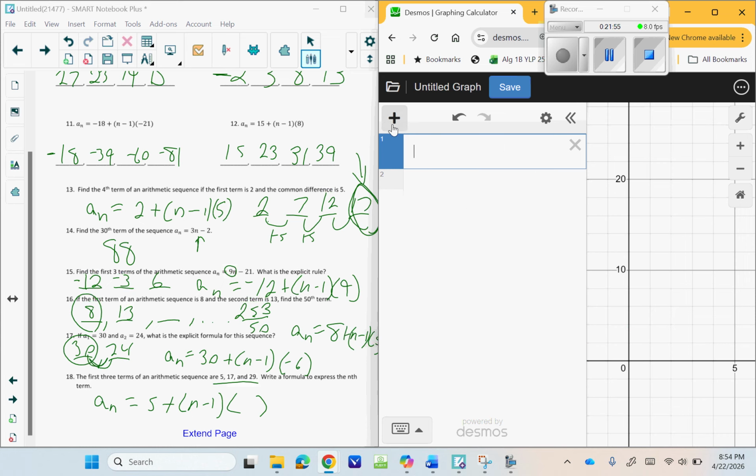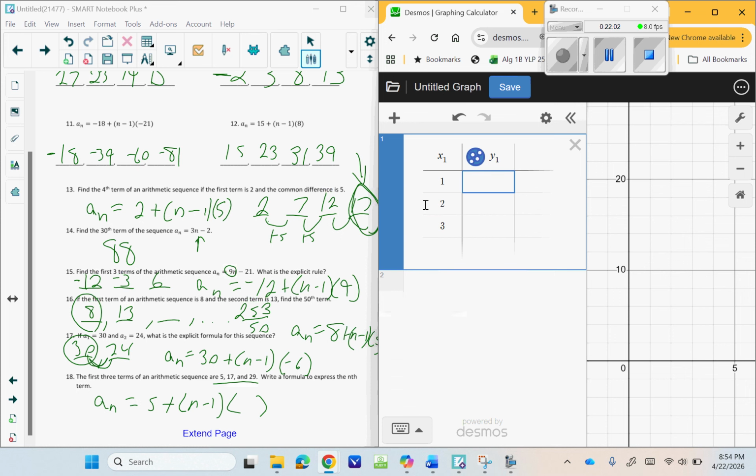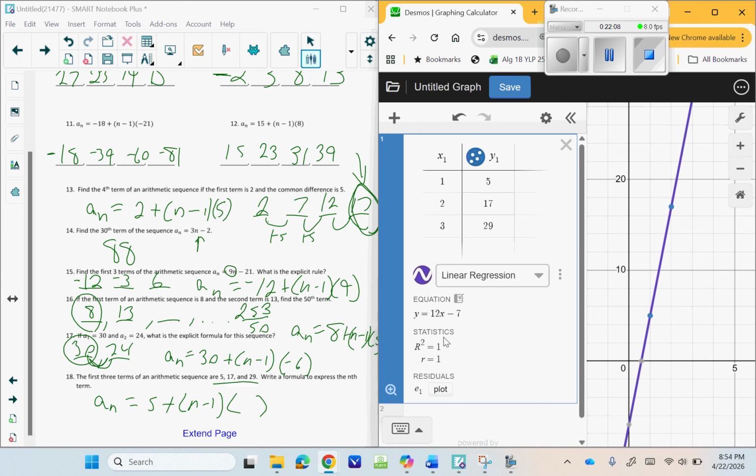But if you're totally lost, feel free to go here and type in those terms. So 5, 17, 29. And right there, that is my slope, and that's what I'm going up by. That is also my common difference. And that's it.